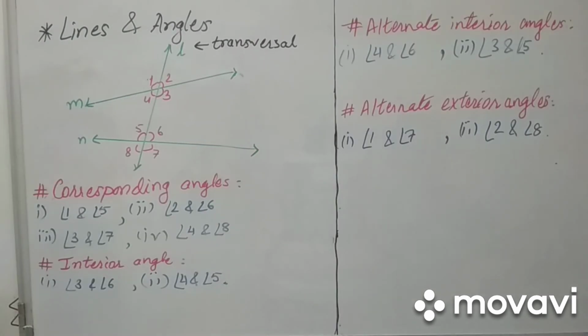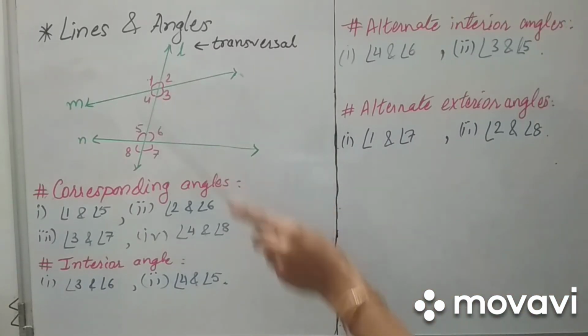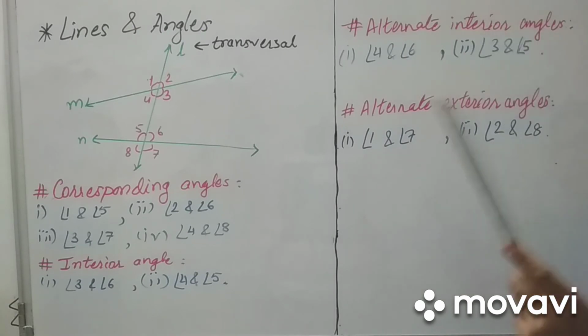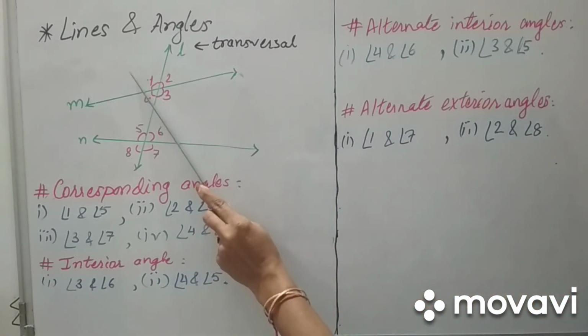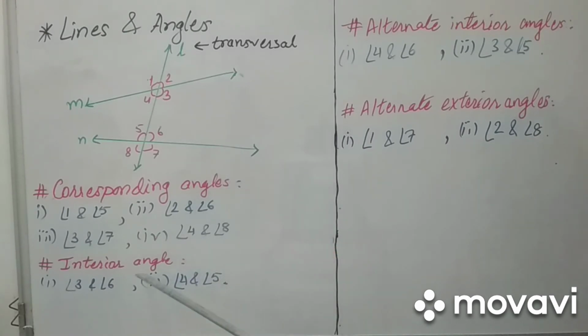Clear this much? Now we will study alternate interior angles. Alternate interior angles are inside. Interior means inside both the lines. Second is alternate. Alternate will go for the cross one on either side of the transversal. Interior angles means on the same side of the transversal. Here you have to clear your idea.